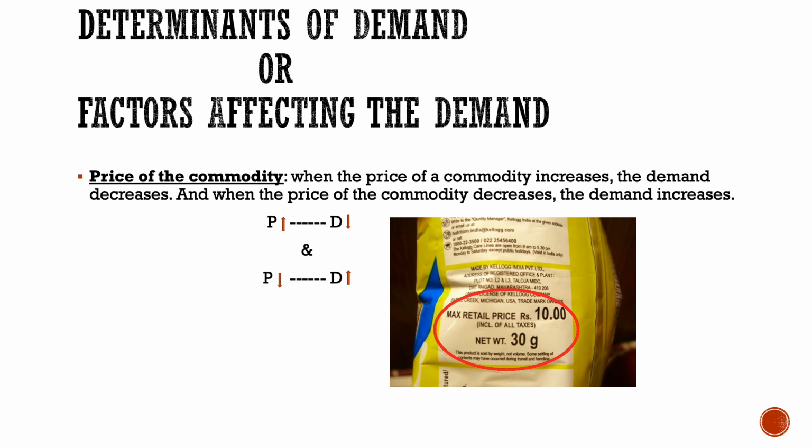So this shows us that there is an inverse relationship between price and demand, meaning they are moving in the opposite direction. When the price increases, the demand decreases, and when the price decreases, the demand will increase.